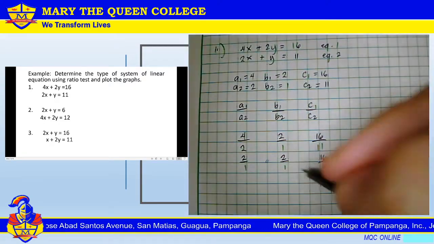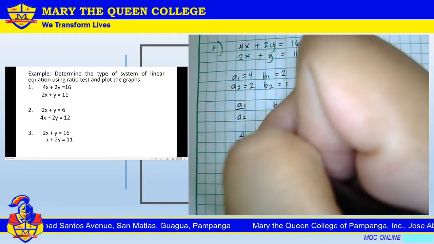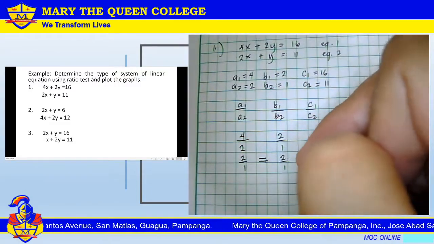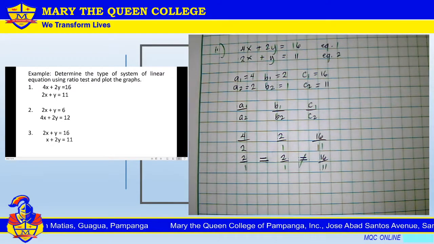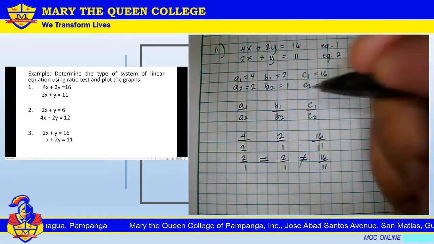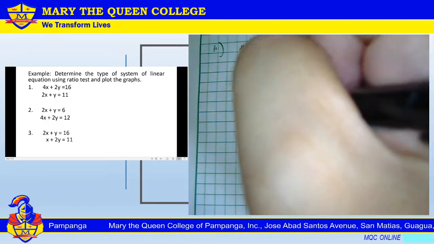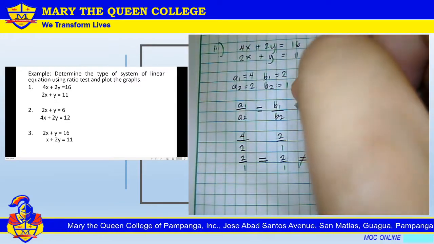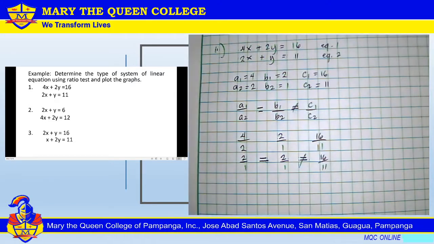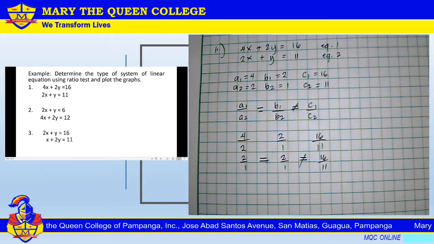So what is the relationship? We have 2 over 1 is equal to 2 over 1, which is not equal to 16 over 11. So with the previous definition or examples of the ratio test, we can now conclude that a sub 1 over a sub 2 is equal to b sub 1 over b sub 2, which is not equal to c sub 1 over c sub 2.